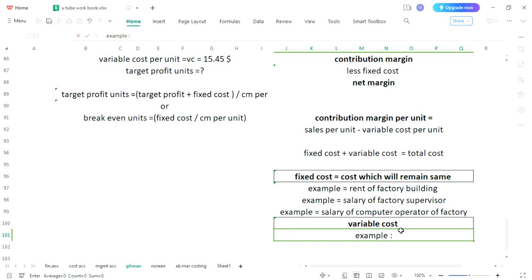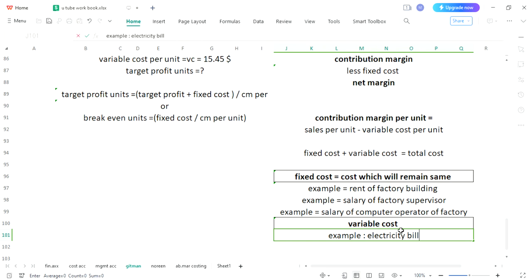An example of variable cost is the electricity bill. Hopefully, rather I am sure, that you will understand. If you are manufacturing a large number of units, your electricity bill would be different in comparison with when you are manufacturing a small number of units. If you are working for full 30 days, the electricity bill would be different.